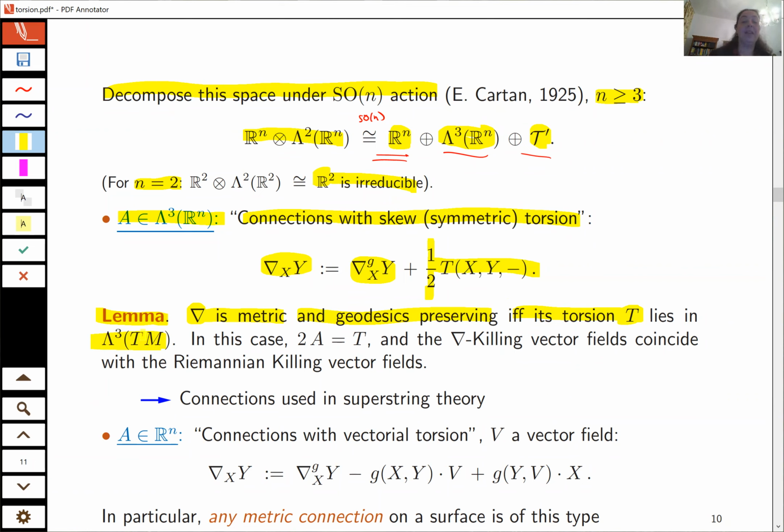In this case, 2A equals T, which was obvious from the formula we had before, and nabla Killing vector fields coincide with Riemannian Killing vector fields. So generators of isometries are still interesting vector fields. And from a physics point of view, I interpret this result as saying, I don't change the dynamics.